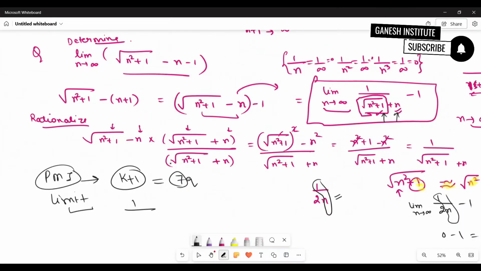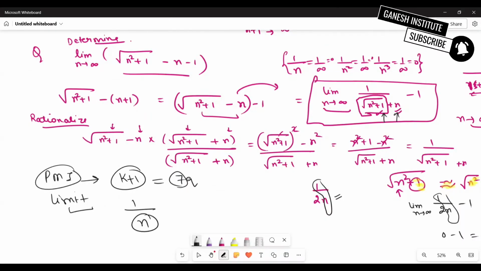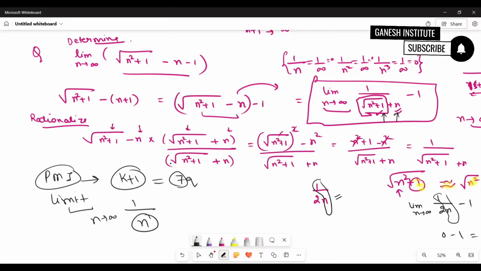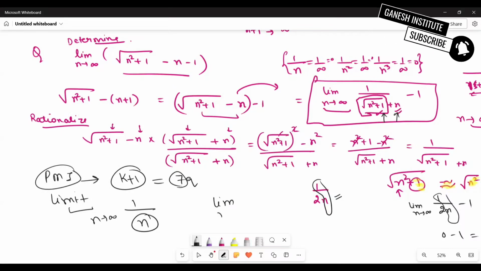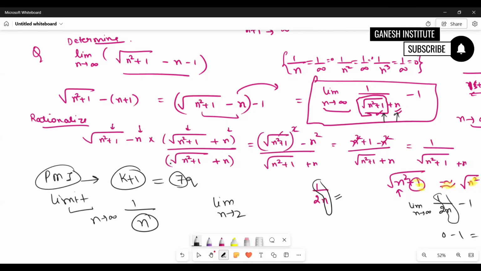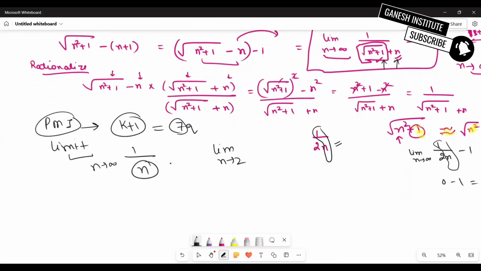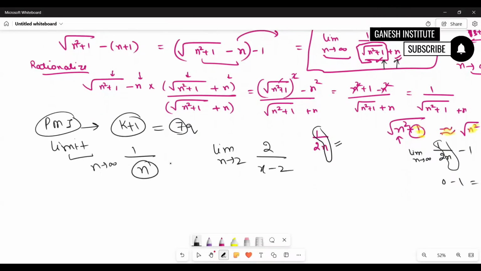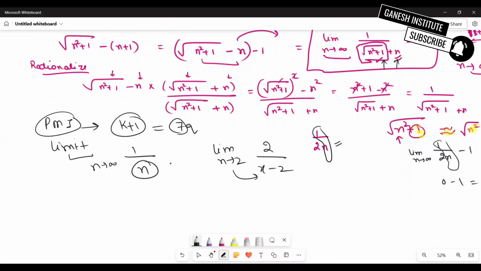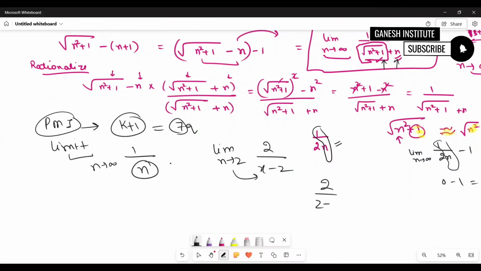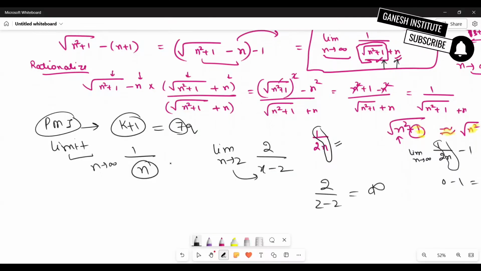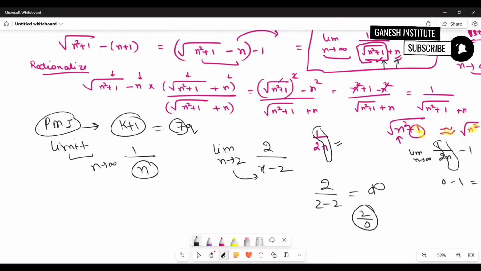When it is limit, just try to make it 1 by n form if n is tending to infinity. Because if n is tending to 2, and if it is 2 upon x minus 2, I can't simply substitute x as 2 because 2 minus 2 will give me 2 by 0, not defined form. I need to come up with something else.